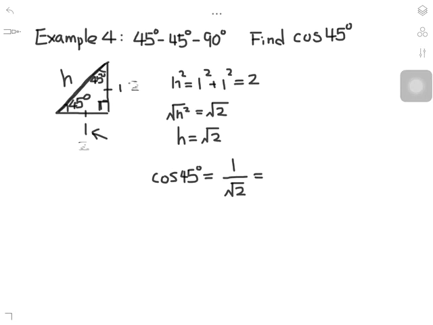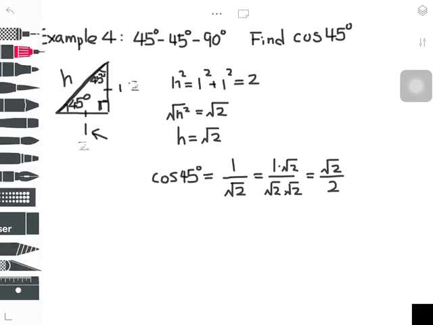So we rationalize it by multiplying top and bottom with square root of 2. What do we get? 1 times square root of 2 is square root of 2, and square root of 2 times square root of 2 is square root of 4, which is 2. So it is no longer irrational. So cosine 45 degrees would be square root of 2 over 2.